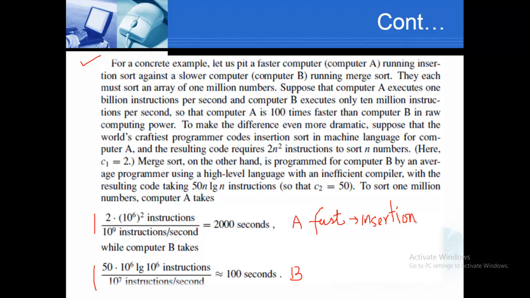This is the slower PC, and the merge sort is running over there. So it depends upon your algorithms.